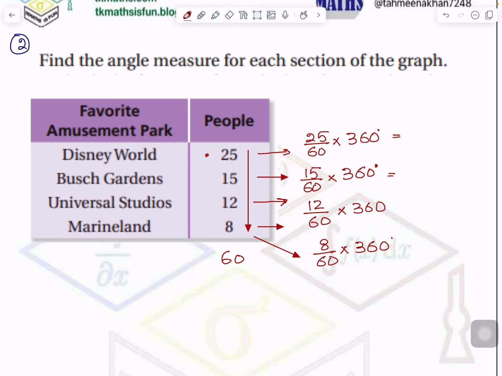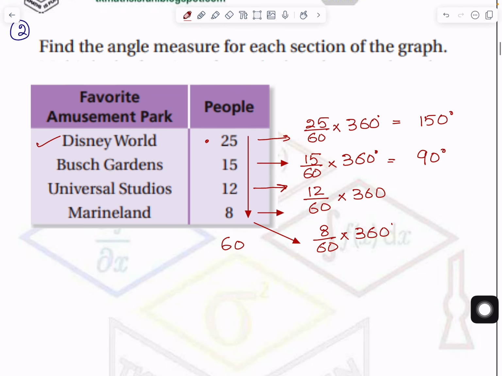So now, if I just calculate it for you, 25 divided by 60 into 360 is 150. So if I draw the pie chart, Disney World will be represented by 150 degree. 15 divided by 60 into 360 is 90. 12 divided by 60 into 360 is 72 degree. 8 divided by 60 into 360 is 48.